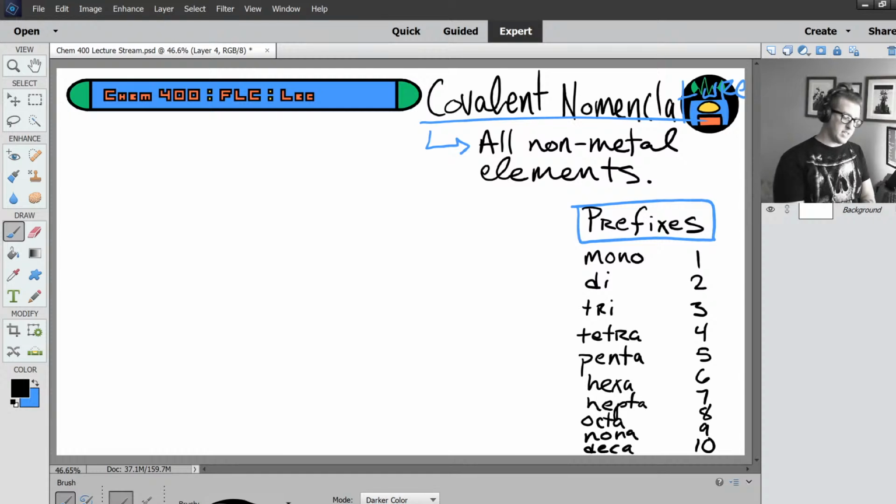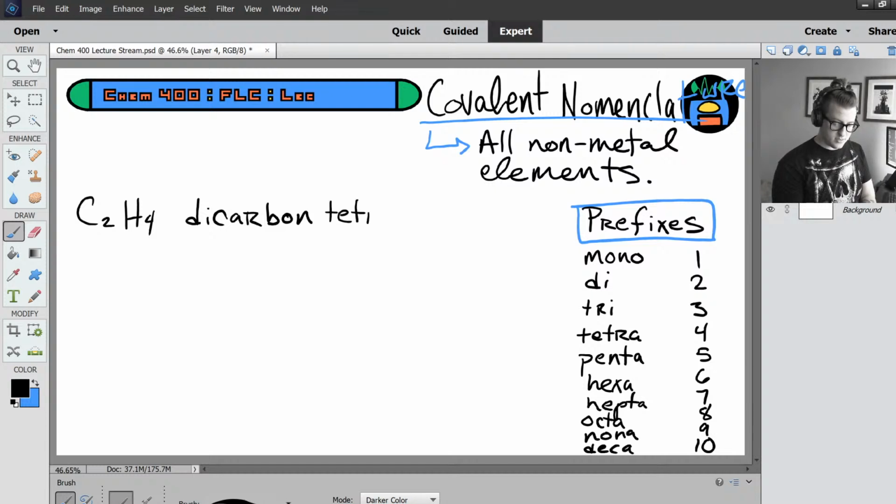So, for example, if you were asked to name the compound C2H4, this would be dicarbon tetrahydride.